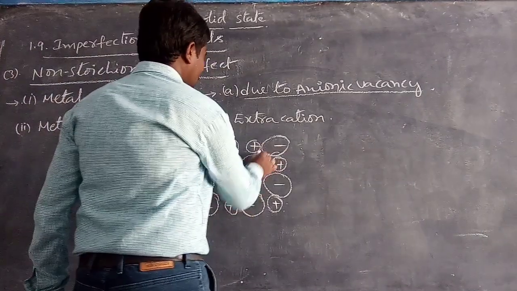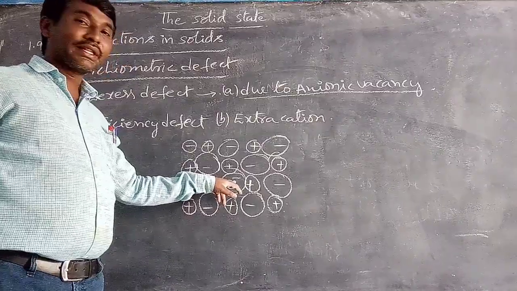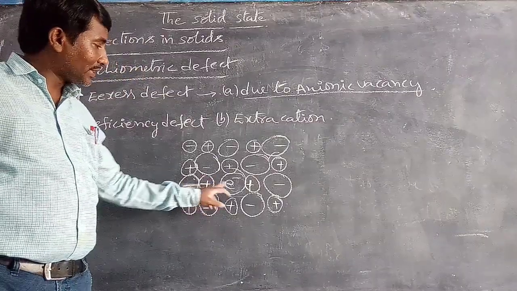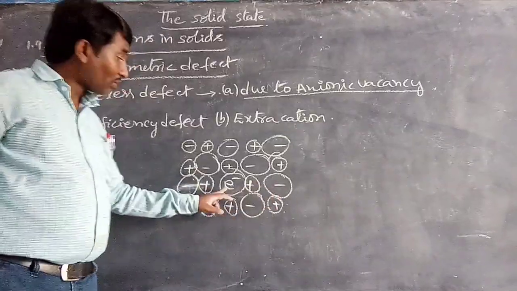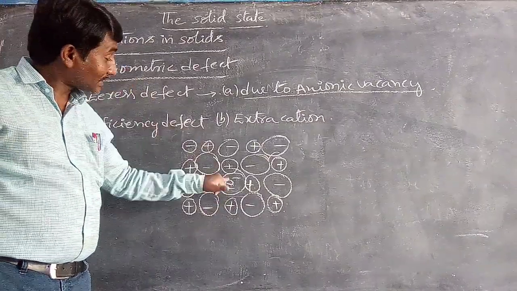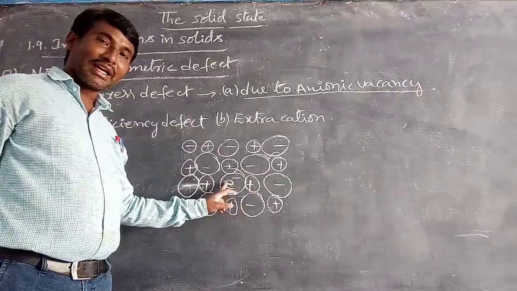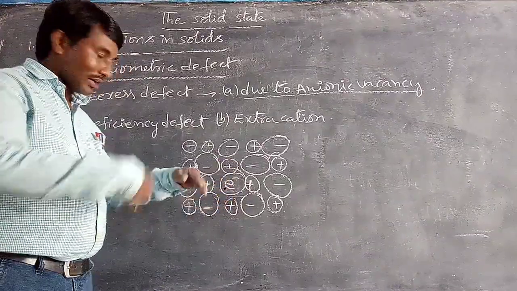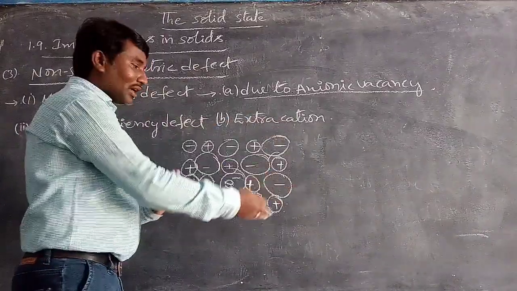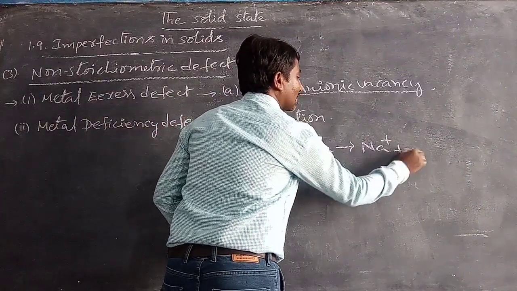So here, the electron occupies the anionic site. Generally it is positive, negative, positive, negative. What happened here is a vacancy, and this is called an anionic vacancy. The anion reacted with the Na, giving NaCl again. So in NaCl, Na gives Na+ and an electron.